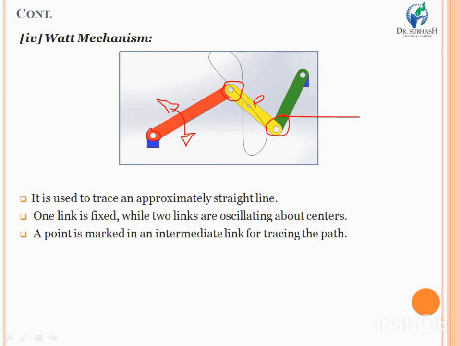The intermediate link which is connected with the initial link will oscillate like that. So the point P that is present on the intermediate link will trace a curve. In that manner it will trace the path, so ultimately we are getting the required tracing point, or tracing path, at the end.